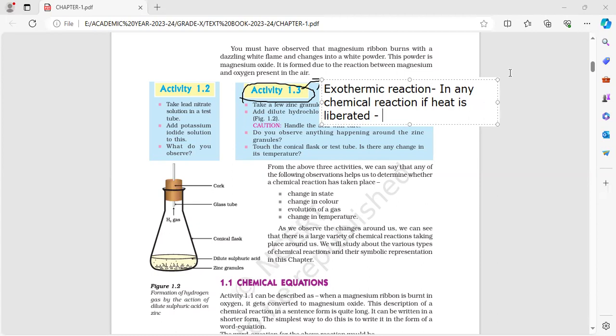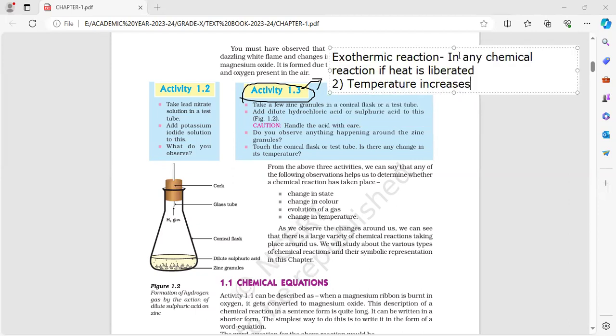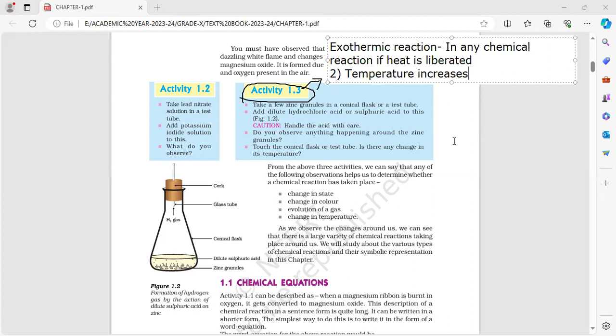One more point you should remember: in this reaction the temperature increases. So activity 1.3 is the exothermic reaction, and in this reaction the temperature increases.